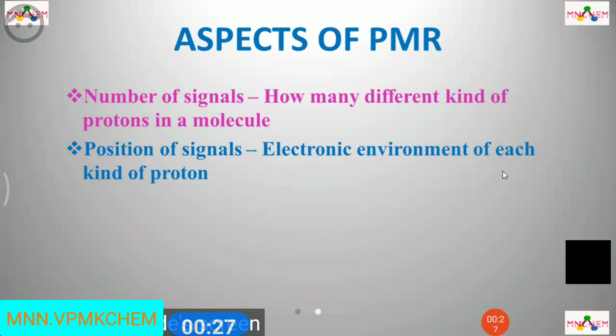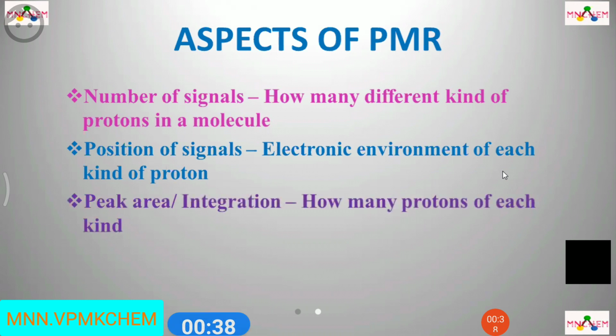Second information we get is the position of these signals, which suggests the electronic environment of each kind of proton. Third is the peak area or integration, which tells us about how many protons of each kind are present in a molecule.